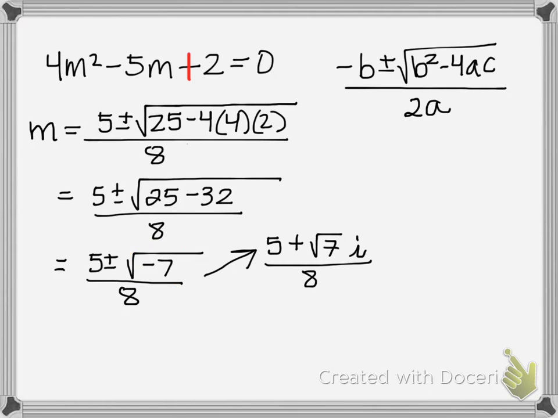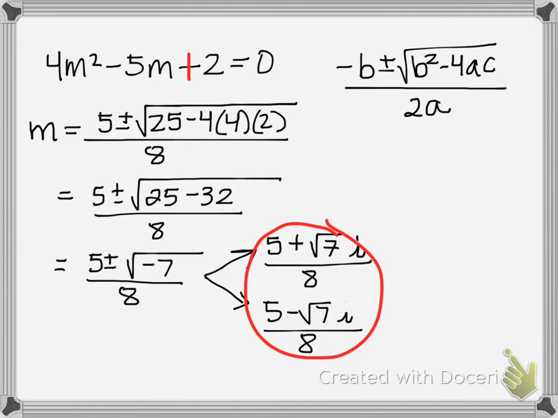So we've got an imaginary solution. And then here, I could also say 5 minus rad 7i over 8. And you don't have to do this part. We're just showing that there are two solutions, and you don't have to split them up like that. There are two solutions, and they are imaginary. And pointing out that we can get imaginary solutions.